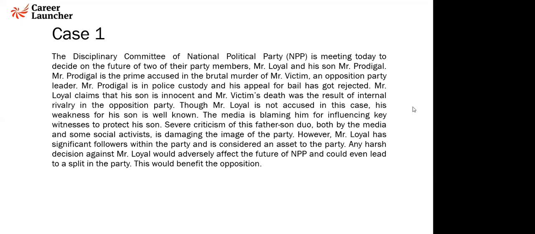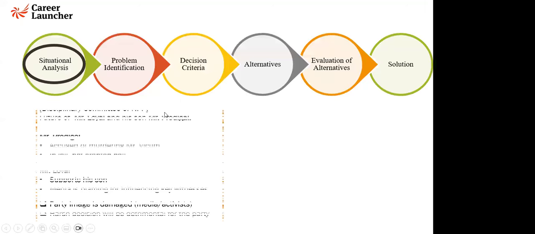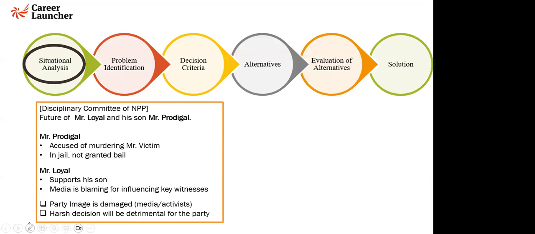So situation analysis is just about understanding the situation. What does the situation analysis tell us? First thing it tells us, there's a disciplinary committee and the future of Mr. Loyal and his son, Mr. Prodigal, is at stake. Mr. Prodigal is accused of murdering Mr. Vinton.